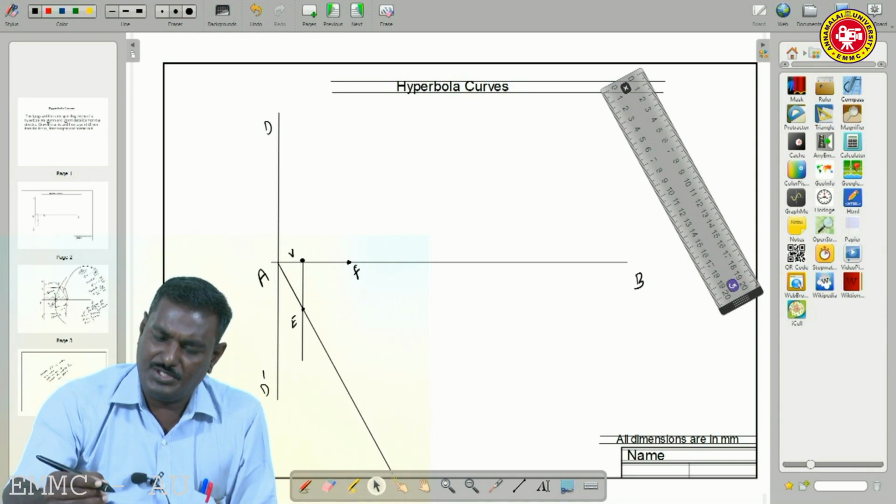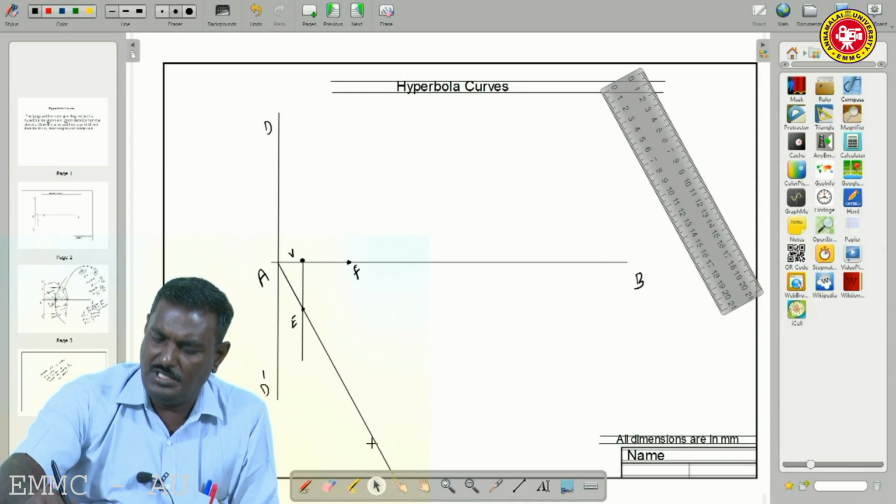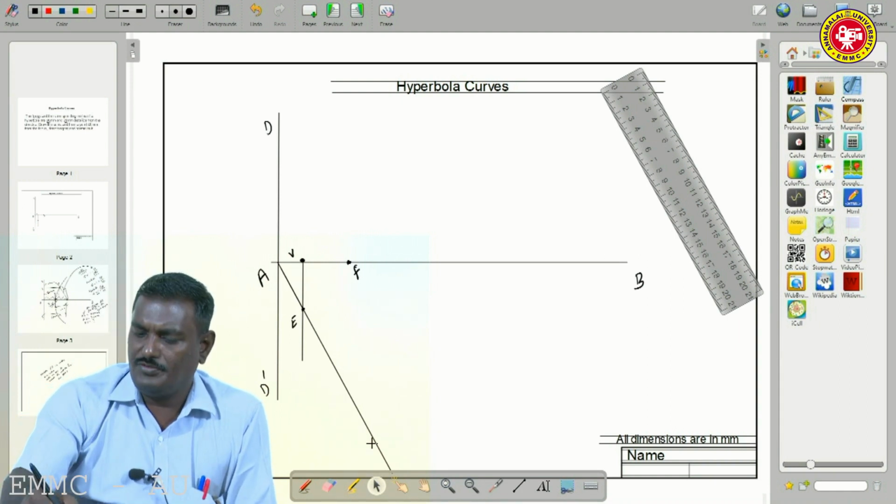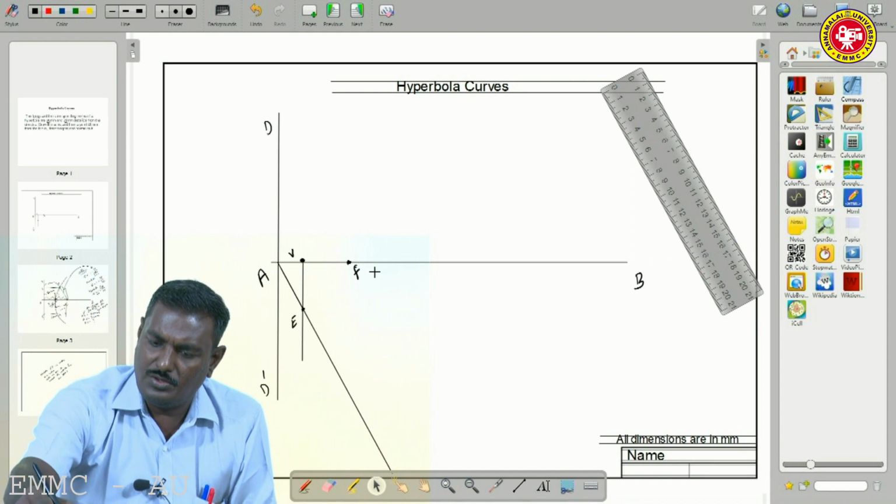Roughly we construct unequal distances within this line, otherwise it is very difficult to construct the curves. So within this we have to make points.